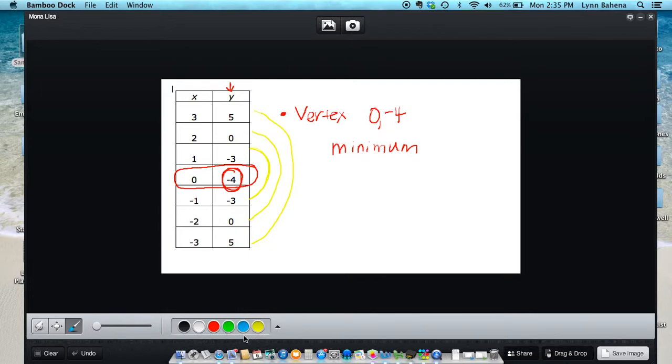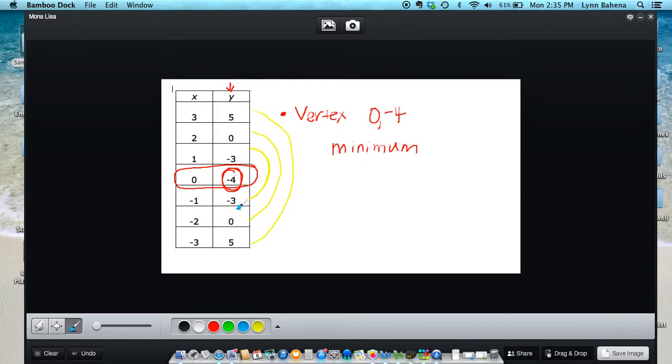Secondly, we need to know our solutions. Okay, so to find our solutions, this is kind of tricky too. Your solutions on your graph are where they cross the x-axis, meaning that they don't go up or down at all. So a coordinate point that doesn't go up or down at all has a y value of 0.